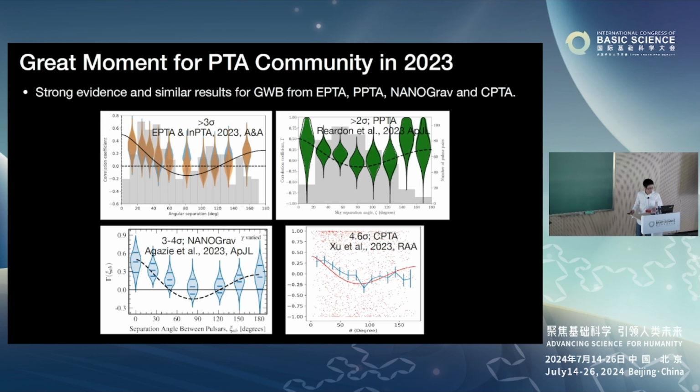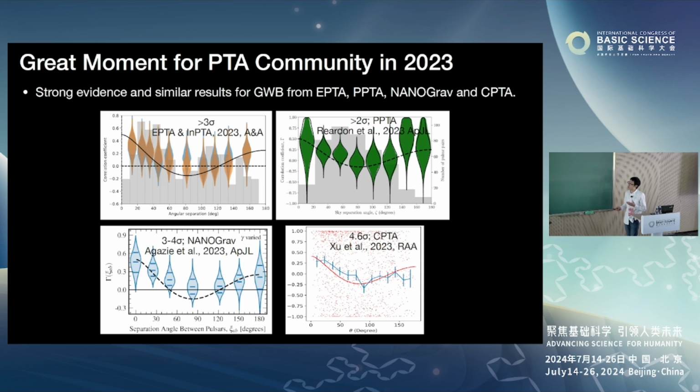Before talking about CPTA, I also want to highlight the great achievements we made last year together with the collaborations EPTA, InPTA, PPTA, NANOGrav, and also CPTA. We use different telescopes, receivers, pulsars, pipelines, algorithms, and software, and we all have very consistent results.